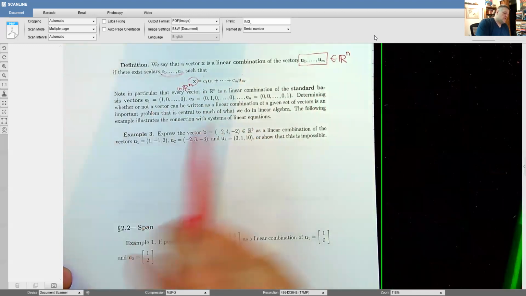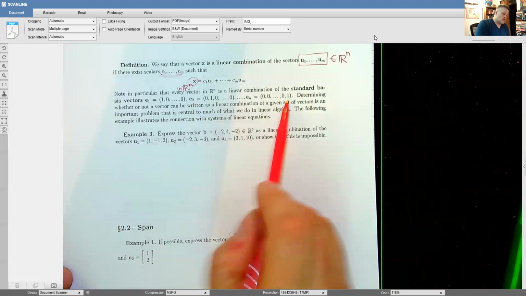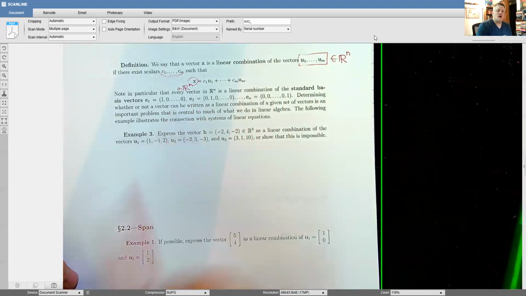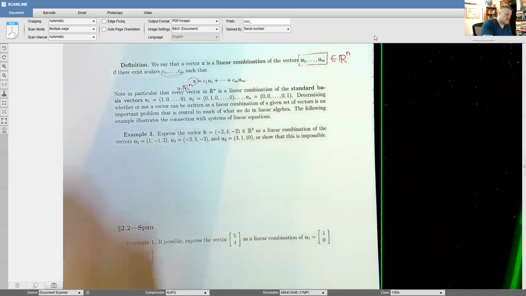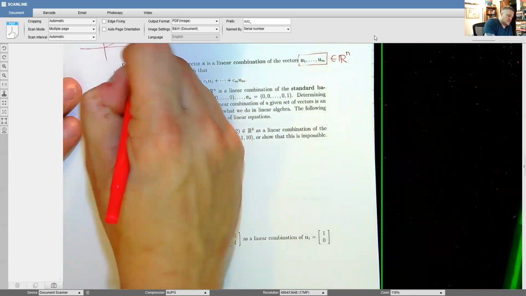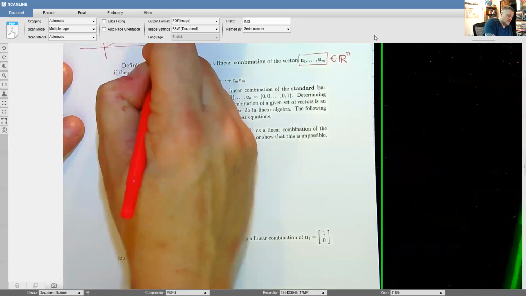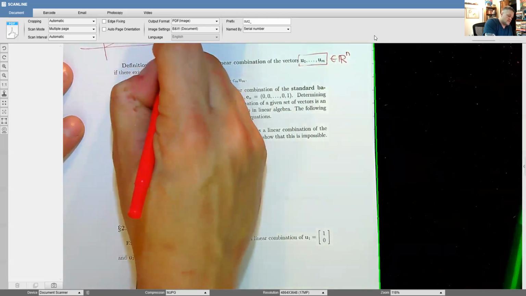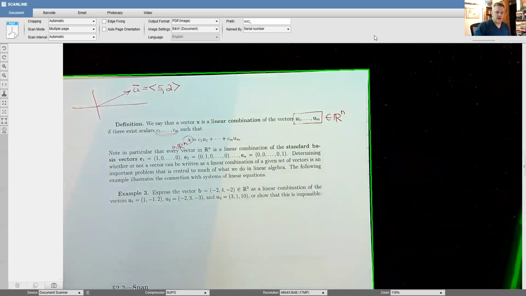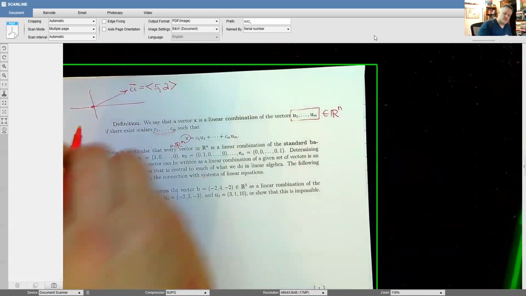All right, so now you might have seen this in Calc 3 or in your physics classes or whatnot, but oftentimes what you think of, let's just think in R2. Let's take this vector u, which is, let's say 5, 2. So you have a vector in R2, 5, 2.